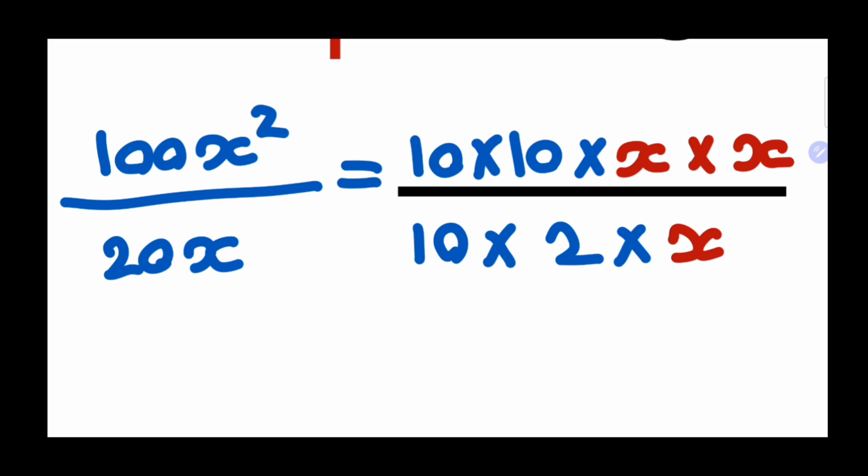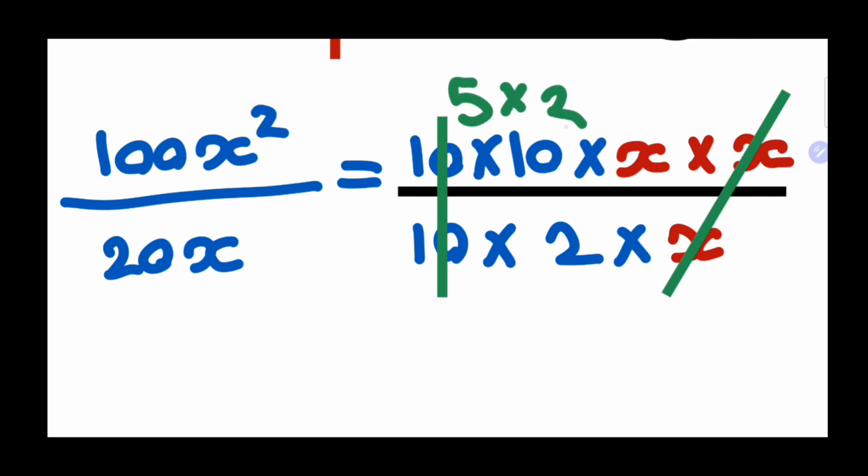So let's just cancel out what is common. What is common here would be this 10. What else? This x. This 10 can also be further broken down, as we can see here, because this 10 is really what? 5 multiplied by 2. So now we can take out the 2.